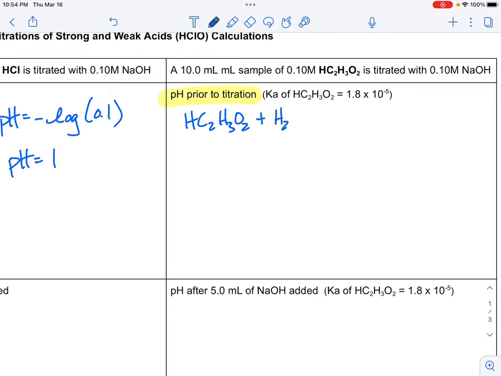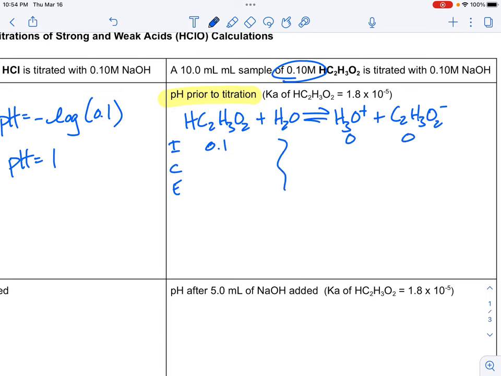We can draw it interacting with water. We're going to make H3O plus, and then we have our C2H3O2 minus, our conjugate base over there. As far as our initial concentration, it is a 0.1 molar solution. Water we ignore. We don't have any of these to begin with.